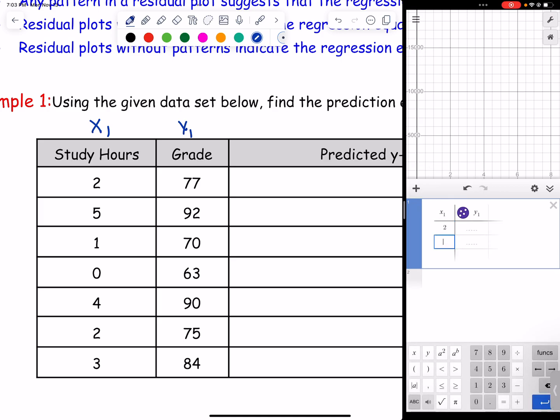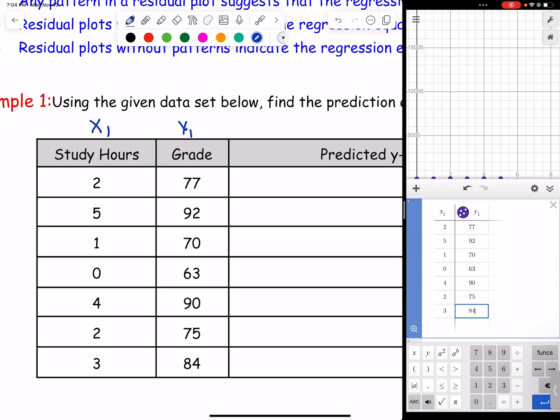So 2, 5, 1, 0, 4, 2, 3. And then 77, 92, 70, 63, 90, 75, and 84.